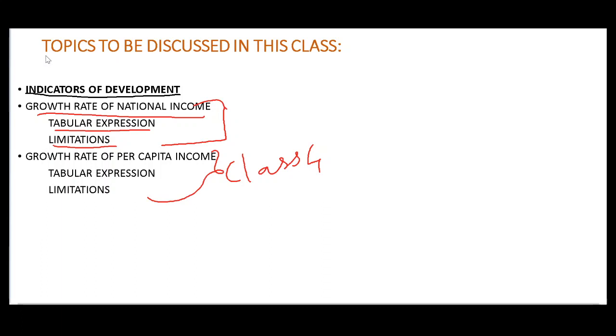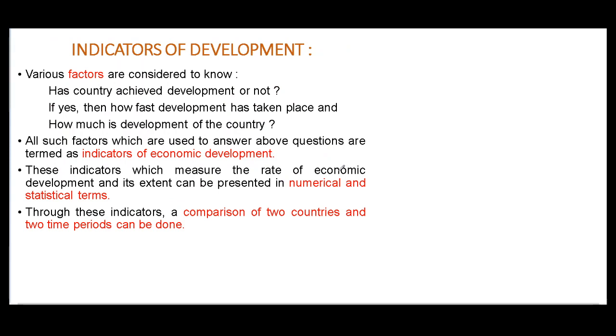First, what is an indicator? By indicator, what do you understand? Indicator means some measurement by which we can come to know whether results are there or not. Indicators of development: various factors are considered to know whether a country has achieved development or not.